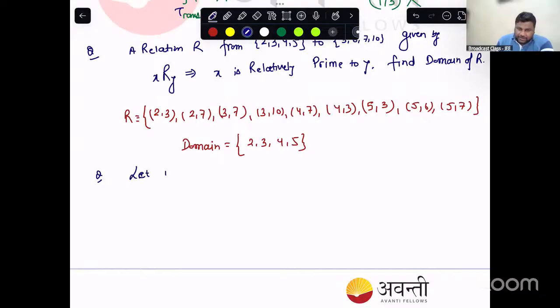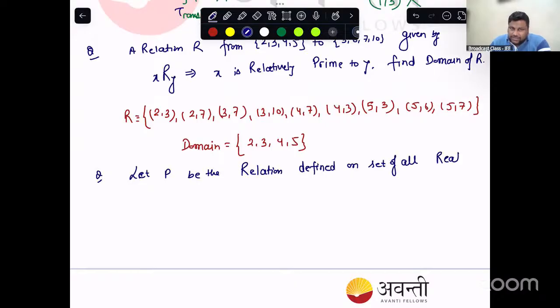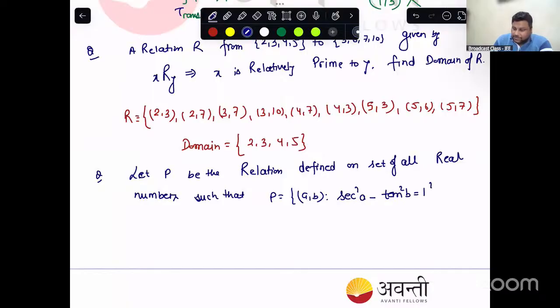Let P be the relation defined on the set of all real numbers such that P is (A, B) such that sec square A minus tan square B equals 1.